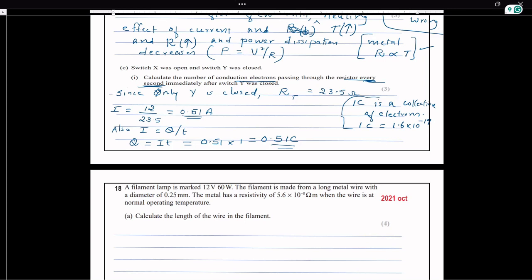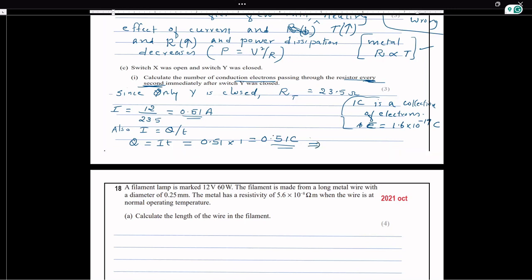Charge of an electron is 1.6 times 10 to the power of minus 19 coulombs. So we have these many coulombs, and from that we can find out how many electrons are flowing.